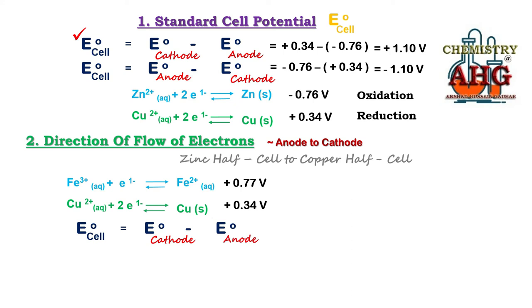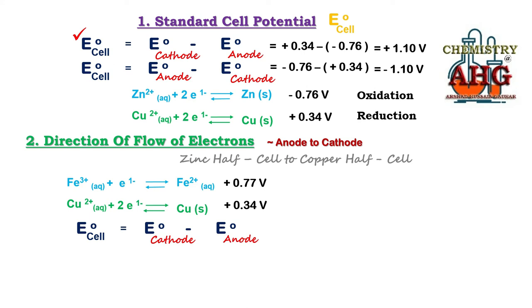Okay, insert the values. Right now two half cells have been given. What trick did I tell you, how will you come to know which half cell will act as cathode and which half cell will act as anode? The one that has the greater value mathematically must undergo reduction, that must act as cathode.